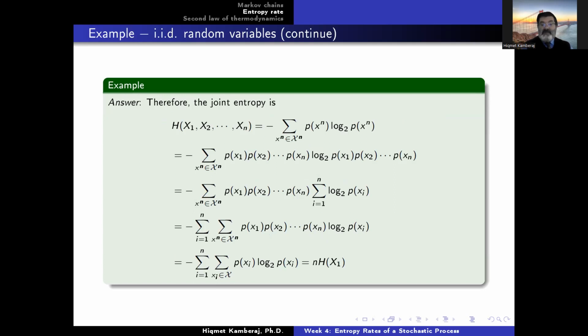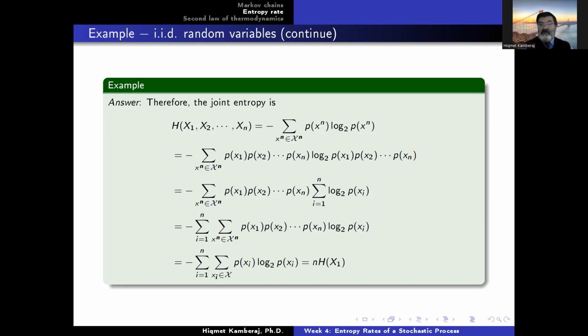Now, we can replace p of x^n as a product, p of x1, p of x2, up to p of xn. We also do the same inside the log with base 2. Then log with base 2 of the product of p of x1 times p of x2 and so on up to p of xn is equal to the sum for i from 1 to n of log with base 2 of p of xi. Then we obtain the third line.